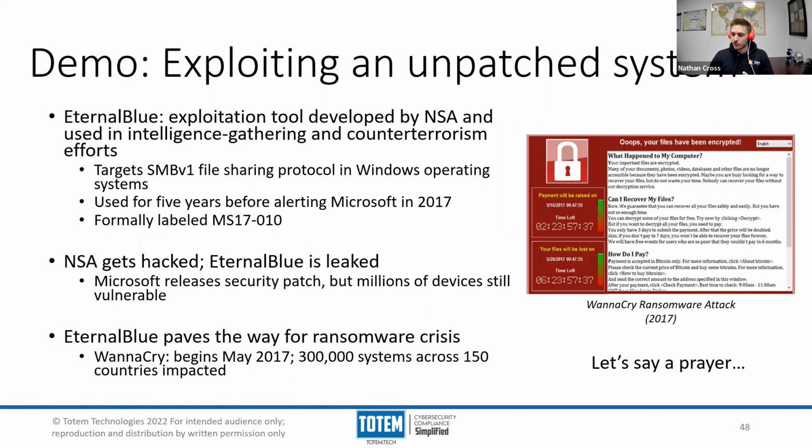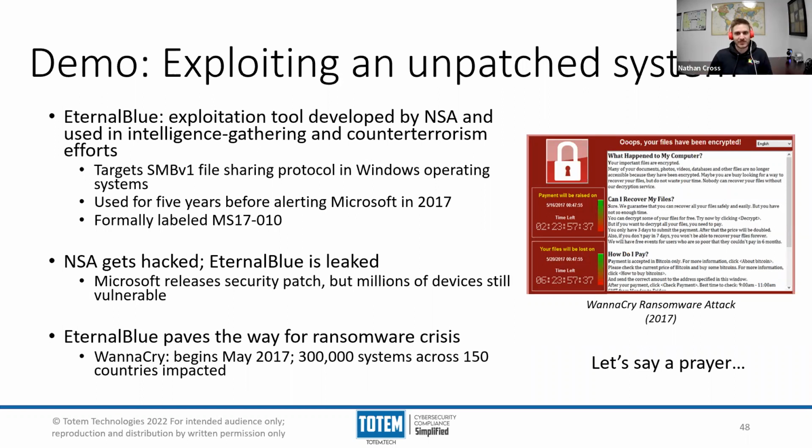I'd like to run through a hacking demonstration where I'm actually going to be exploiting an actual vulnerability that caused some serious concern for a lot of people back in 2017. And it's actually what has, unfortunately, set forth the chain of events that have led to the ransomware crisis that we are in today. And the vulnerability that I will be exploiting is known as Eternal Blue.